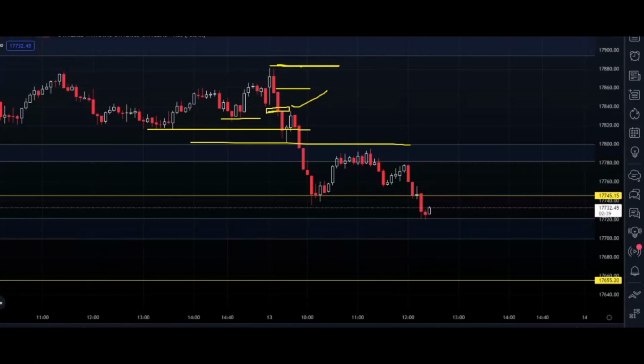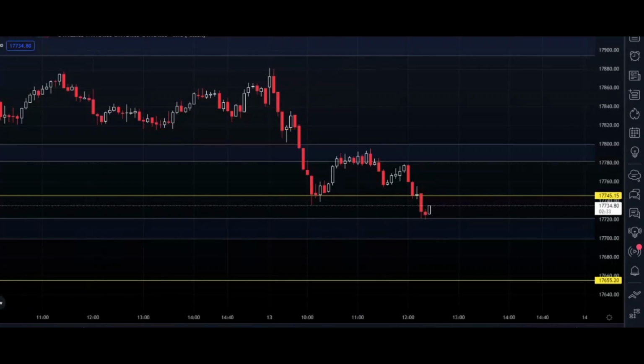So I'm guessing if it was somewhere around here, they are pretty safe for the rest of the day. Otherwise, people who wanted to buy, or who were thinking that this is a zone, here is resistance and this is the support, and when the high of this candle got broken, people who entered, their stop loss would have been here, which got hit. So the buyers got trapped twice.